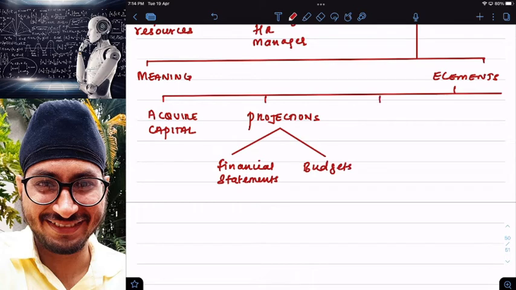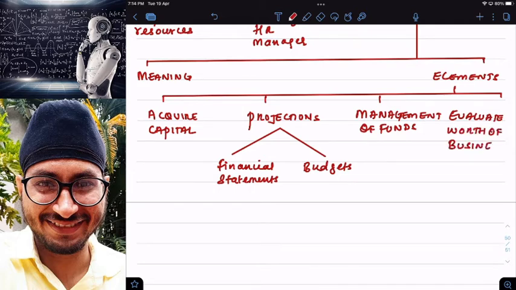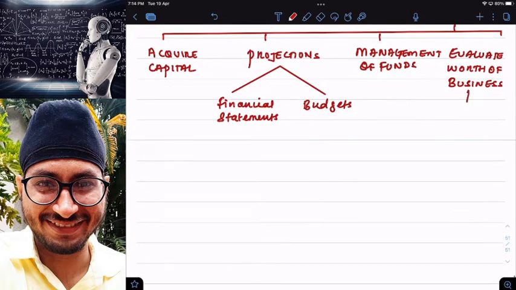Then we have management of funds, and last we have evaluation of worth of business. Clear? Evaluate worth of business.